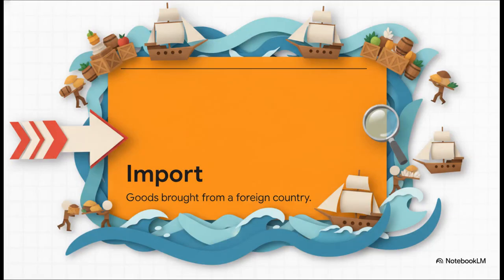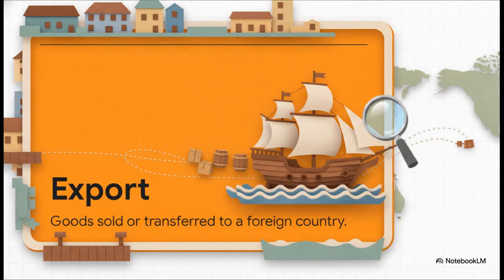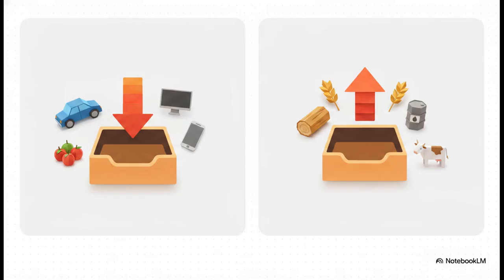Imports. These are the goods brought into a foreign country, that vital flow of resources crossing into your borders to meet local needs. And on the flip side, exports are the goods sold or transferred out. Mastering this flow, what comes in versus what ships out, is the absolute key to understanding national wealth, both historically and today. To put this into perspective, let's look at a modern example, like Canada.